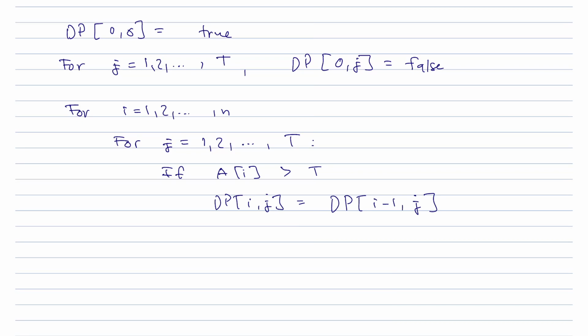Again, if a_i is larger than t, that means that if there exists a subset of the first i items that sum to t, then clearly that subset cannot contain a_i, right? Because we assume all elements are positive, and a_i is already strictly larger than t, so you cannot have a_i in that subset.